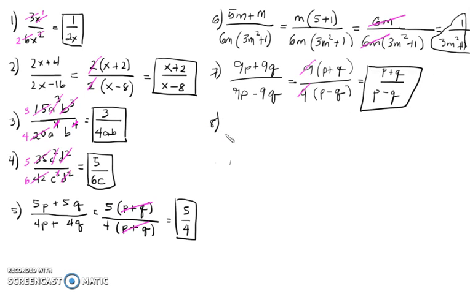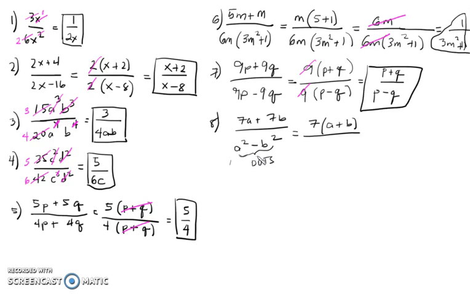Okay, for number 8, I have here (7a plus 7b) all over (a squared minus b squared). For our numerator, it is obvious that we have a common factor of 7, so factor out 7, that would give us (a plus b). For the denominator, this is a difference of two squares.